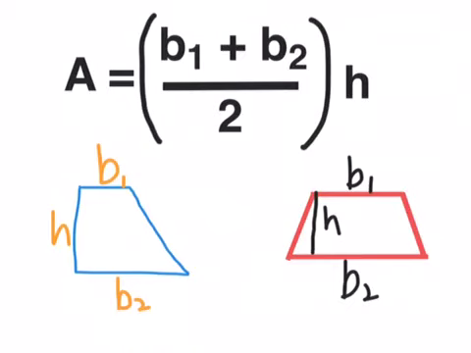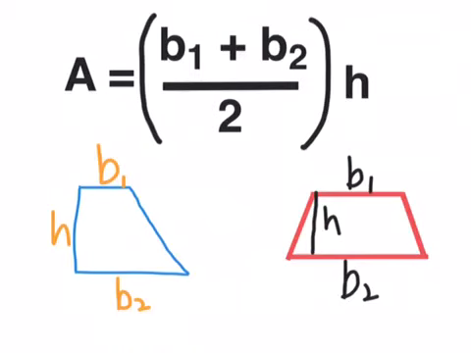So what are bases? The bases in a trapezoid are the two sides that are parallel. So these would be the bases here. These would be the bases here. The height is how far it would take in a straight line, a straight perpendicular line, 90-degree angle, straight up from one base to the other. So this is not the height.